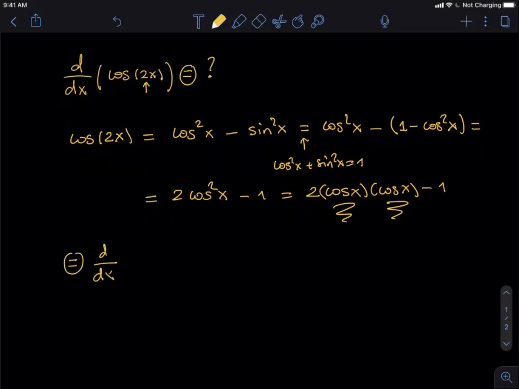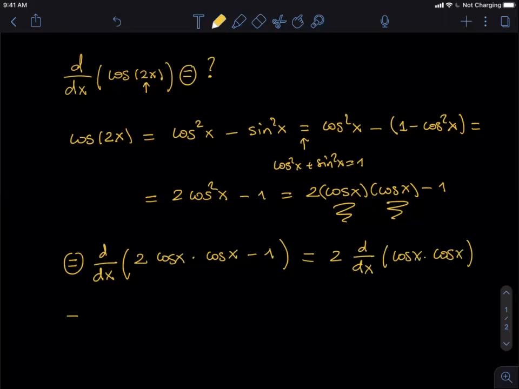So this is d dx, 2 cosine of x minus 1. Okay, the constant -1 doesn't matter because the derivative of -1 is going to be 0. So this is going to be twice the derivative of the cosine of x times the cosine of x.